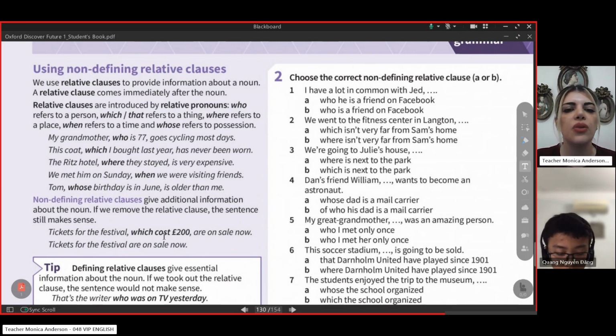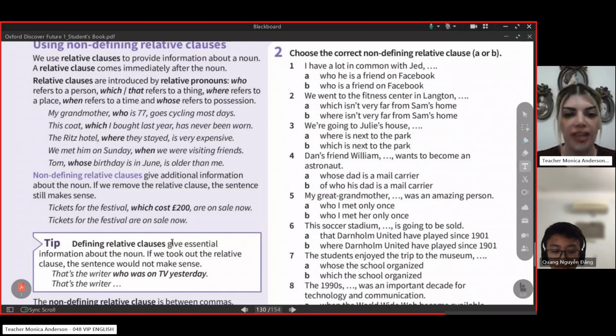If I remove which cost £200, my sentence still makes sense: tickets for the festival are on sale now. So these types of relative clauses are non-defining.